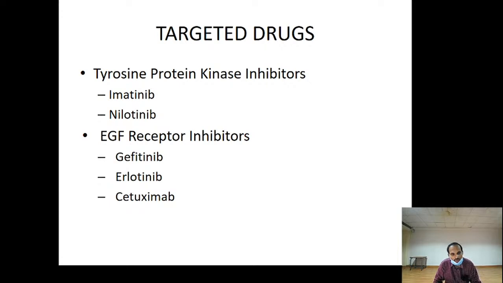And the first category of them is tyrosine protein kinase inhibitors. From your knowledge of the initial classes in pharmacodynamics, you will recollect that there is a topic on receptors, and there are certain types of enzymatic receptors, and some of them are tyrosine kinase receptors. Some of the proteins formed in malignant cells are responsible for ensuring the rapid proliferation of the cells.